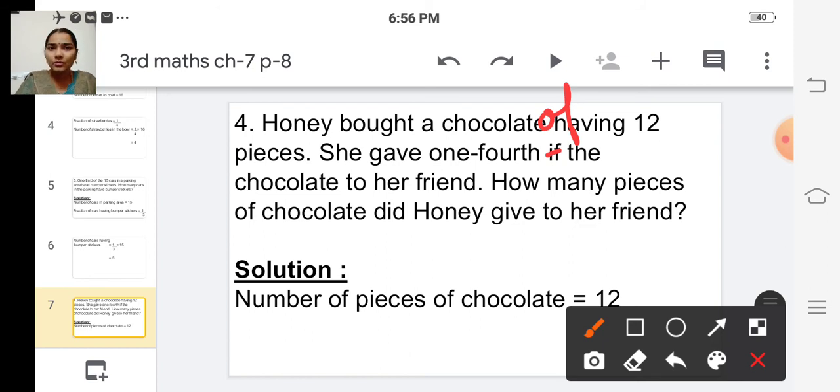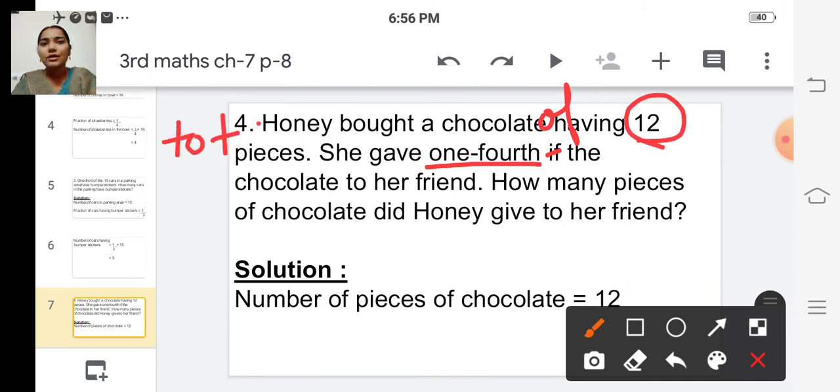So in this problem also they have given the fraction of chocolate she gave to her friend, and we are going to find out the number of chocolates. Okay, so the total is 12, and what fraction have they given? 1/4.